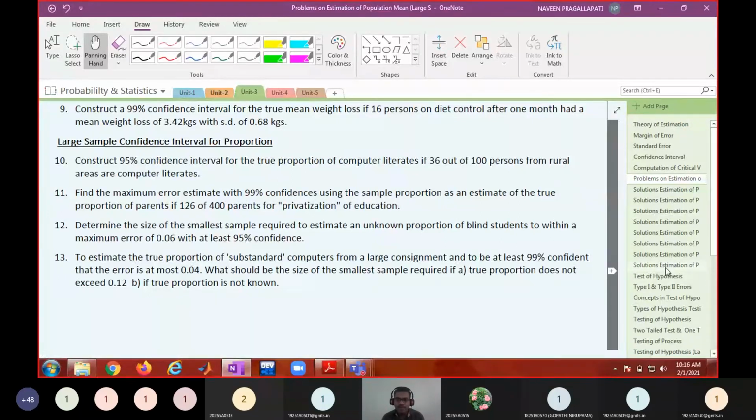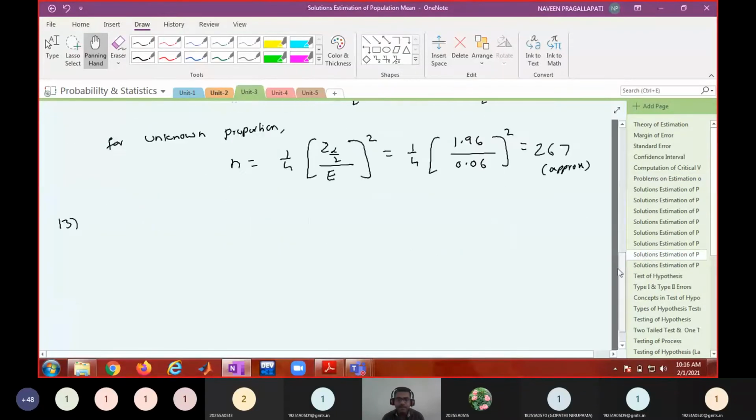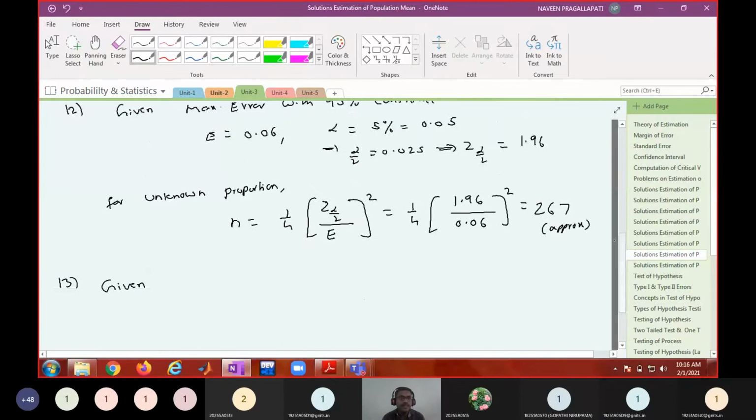So what is given? With a 99% confidence level, E equal to 0.04.